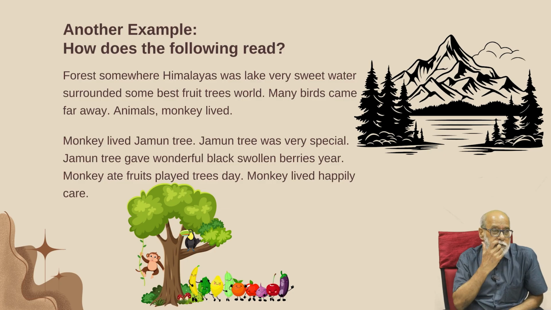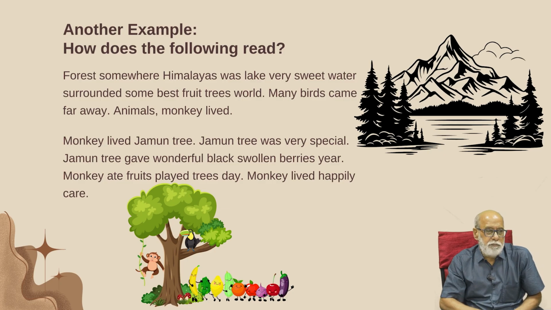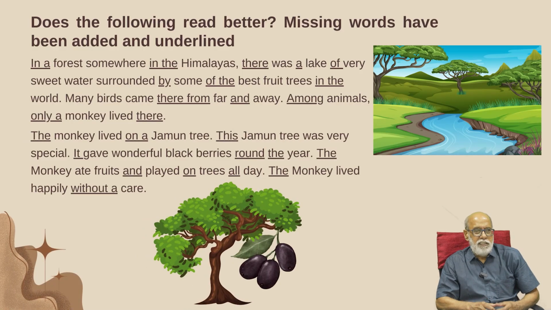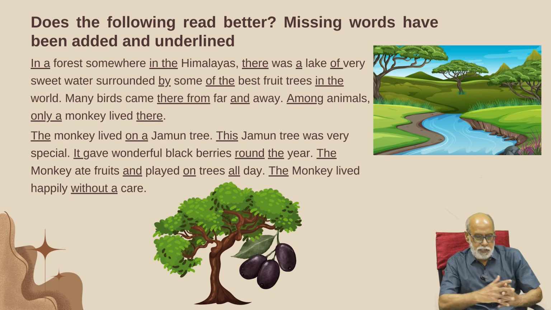When we use these devices, I have underlined them, in a forest somewhere. So now suddenly forest and somewhere become one unit. They become one noun phrase. Where? In a forest somewhere. We do not know in India or in Vietnam, somewhere, but in a forest somewhere, in the Himalayas. I'm sorry I said Vietnam.